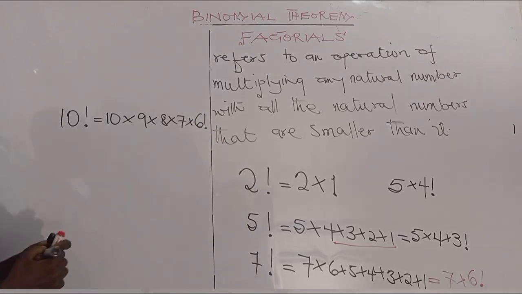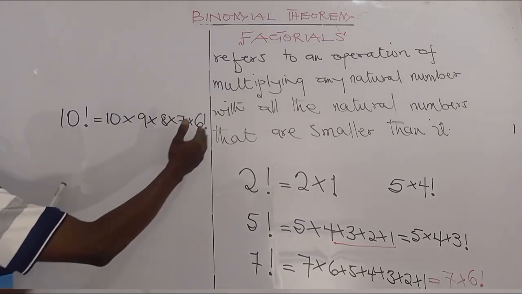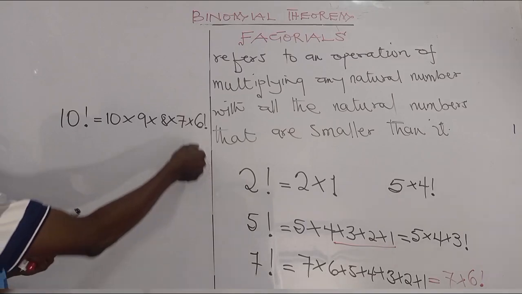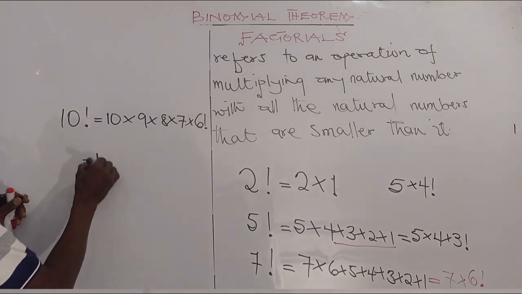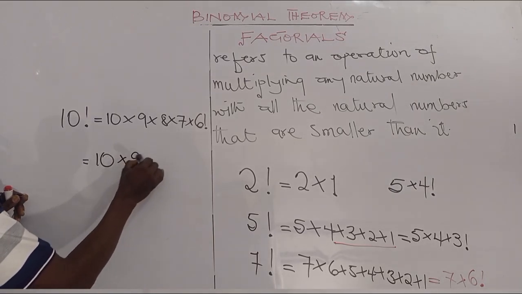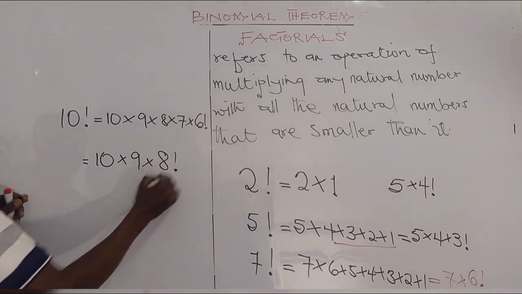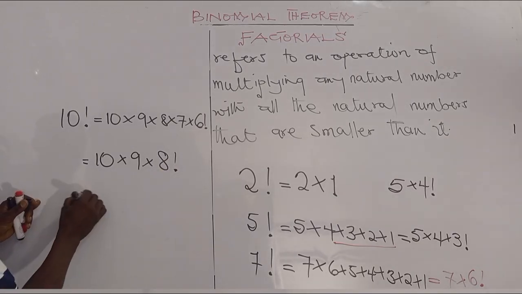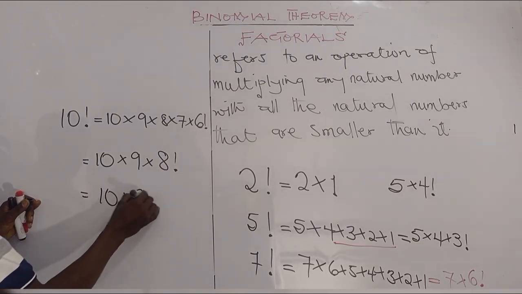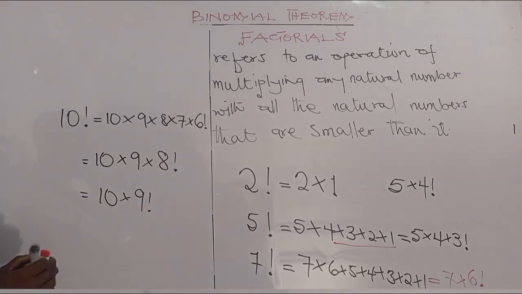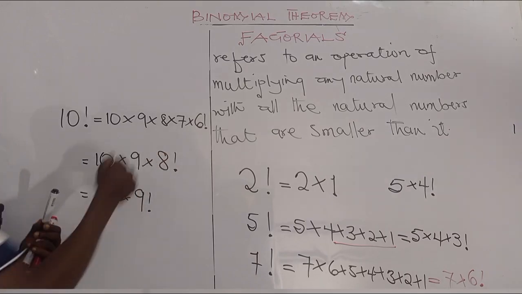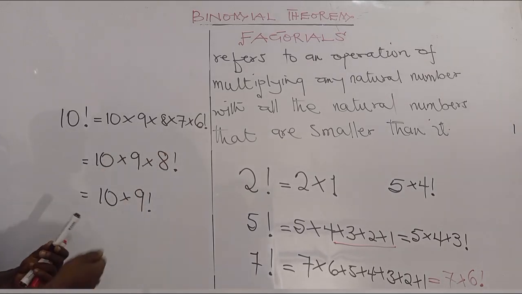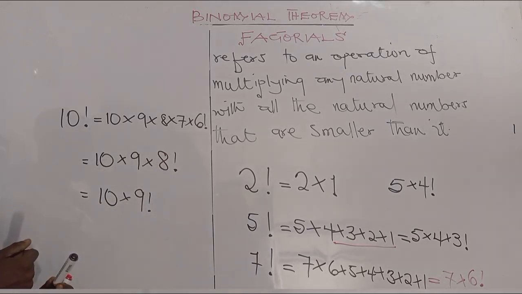We can end here because 6 factorial will cater for all those natural numbers that are smaller than 6. We can still shorten this and write it as 10 times 9 times 8 factorial. We can still shorten it and write it as 10 times 9 factorial because 9 factorial will cater for all those natural numbers that are lesser than 9.